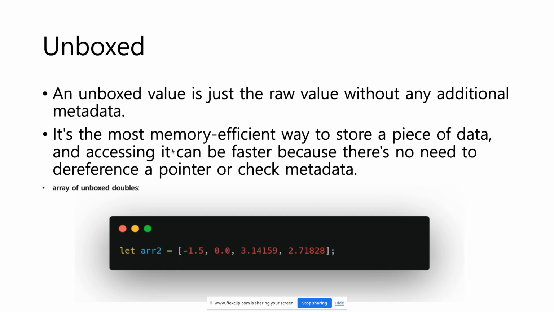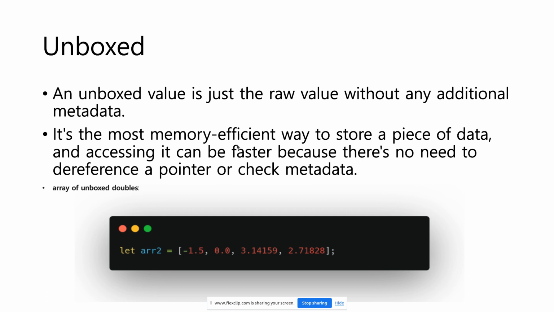This is the most efficient way, because with unboxed there's no metadata, so it's easier for V8 to optimize the memory. This is also valid for both reference types and primitive data types.